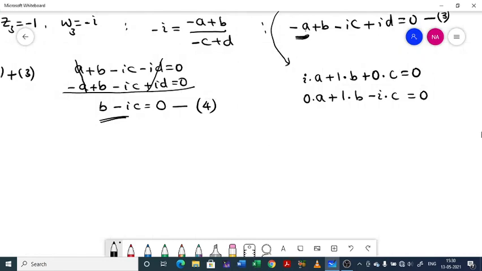Now applying the cross multiplication rule.